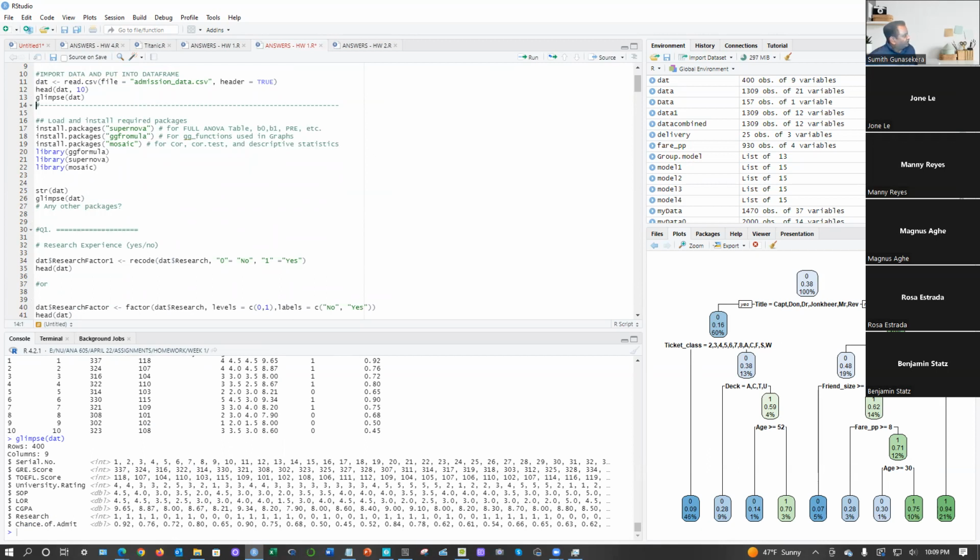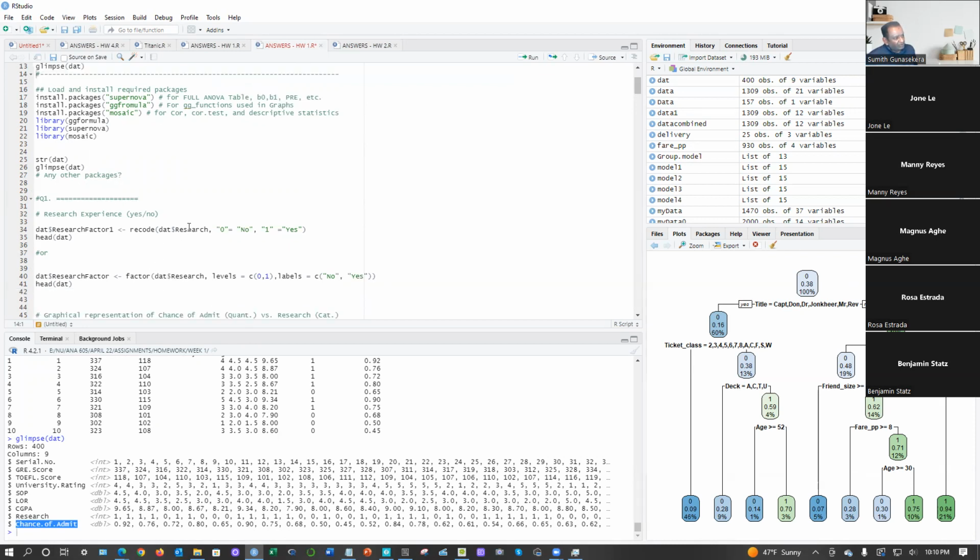Those are the factors that we were talking about over here. But in our example, we were simply talking about height and weight. Here, chance of admit is being explained by, let's say, a quantitative variable. Which would be quantitative? Research is not a quantitative variable.